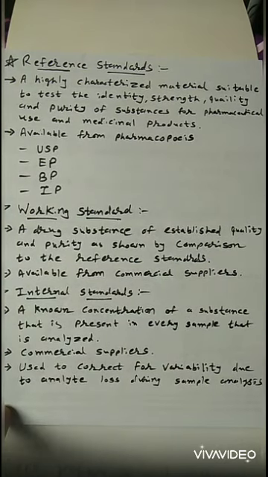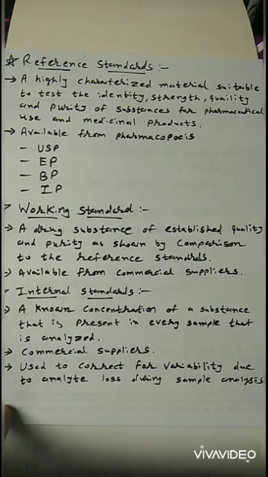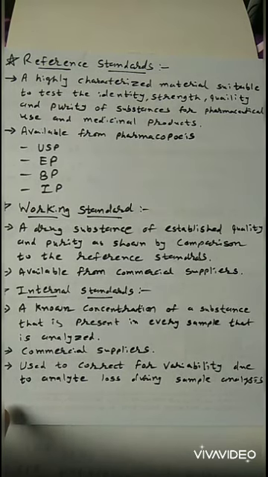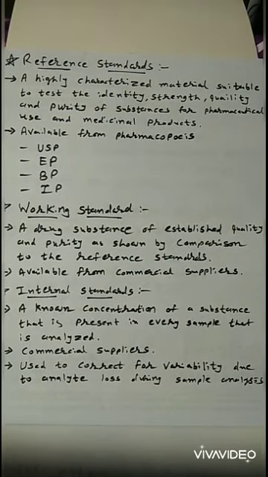These working standards are generally available from commercial suppliers like ClearSynth or TRC, any one of the commercial suppliers. In our study, we generally use the working standard as per our requirement, and we outsource it from the commercial suppliers. In our study, we can use either the reference standard or the working standard, both of them.